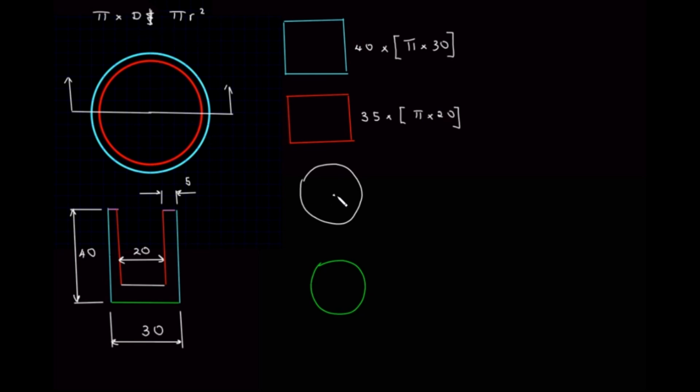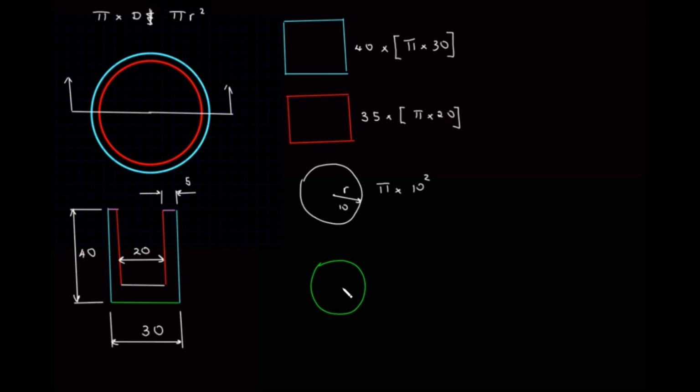So this is our r here. It is pi r squared. Now in this case, r is half of 20, so that is 10. So we have pi times the radius squared, 10 squared is the area.